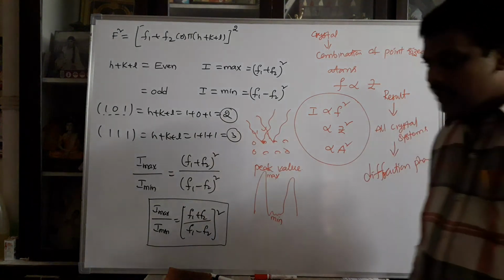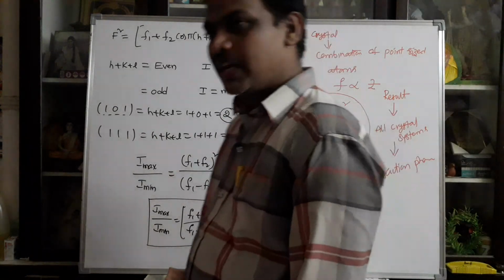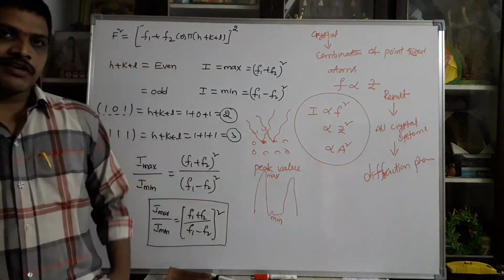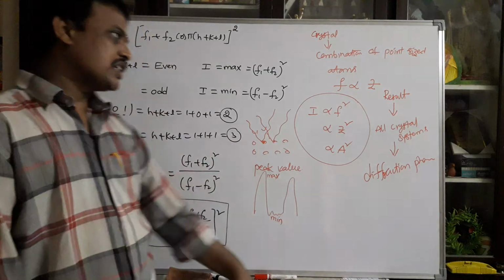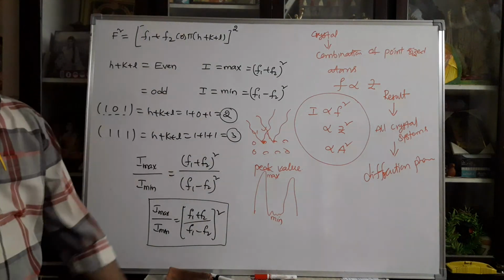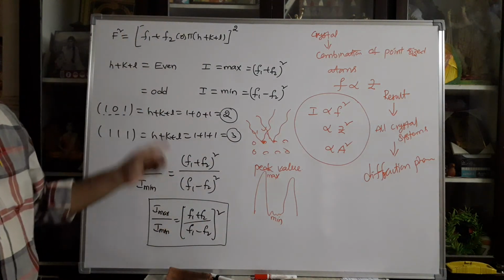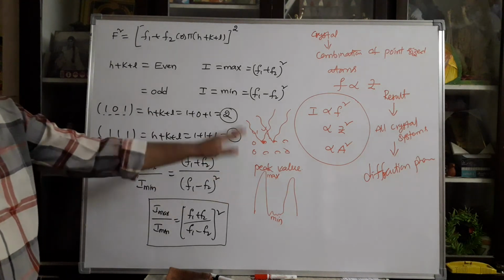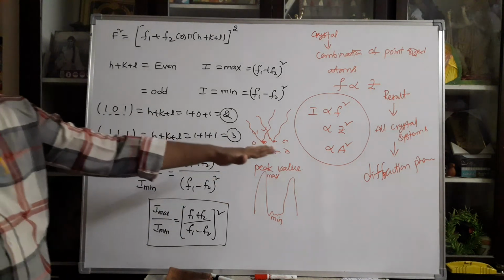But in nature, each and every solid or crystal must obey the diffraction phenomena. On that condition, this form factor is 100% obeyed. So the structure factor is valid for all crystal systems in nature.